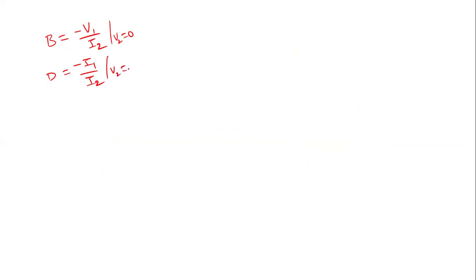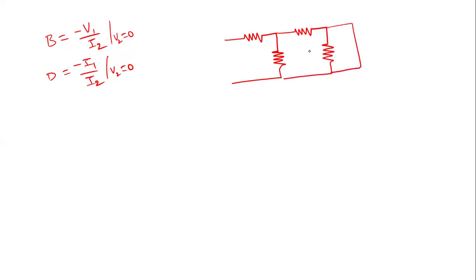If you substitute V2 equal to 0 in the given circuit, the output port is short circuited. So this 4 ohm resistor and the short circuit path are in parallel, so we can neglect this 4 ohm resistor.